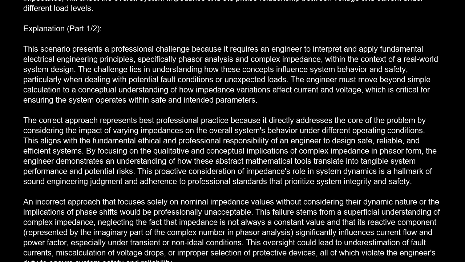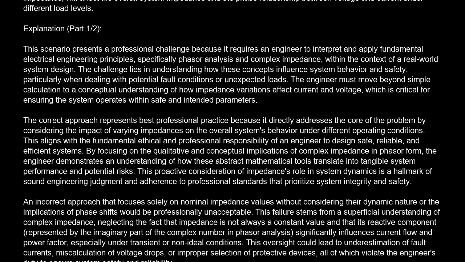The correct approach represents best professional practice because it directly addresses the core of the problem by considering the impact of varying impedances on the overall system's behavior under different operating conditions. This aligns with the fundamental ethical and professional responsibility of an engineer to design safe, reliable, and efficient systems.